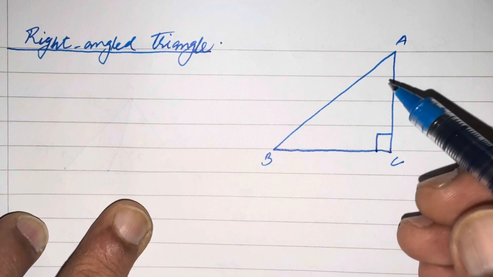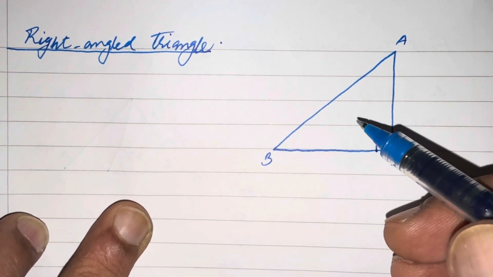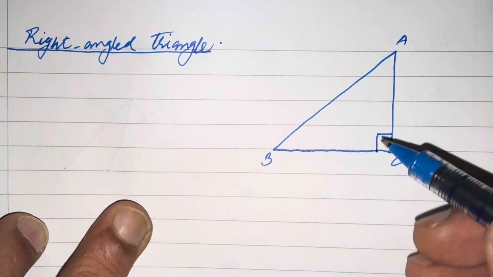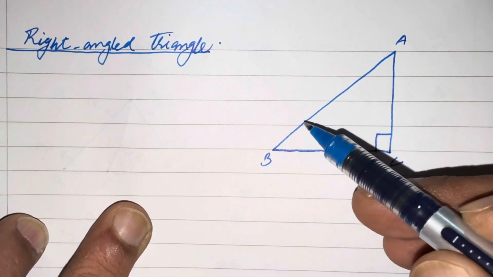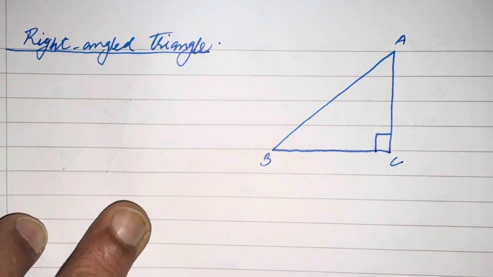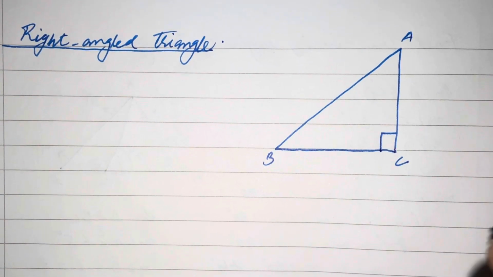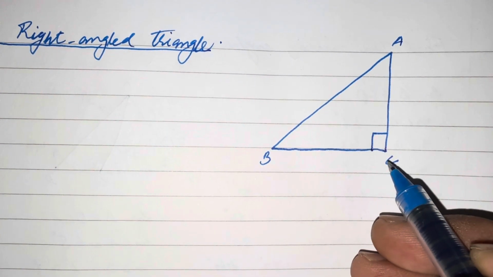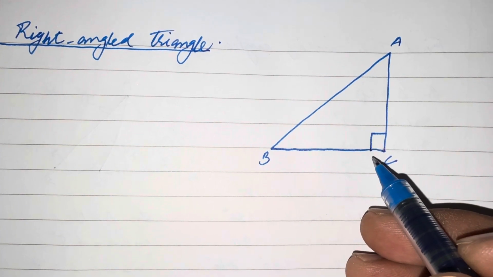In this triangle we are going to learn how to find the lengths of the sides. How can we find the lengths of the sides in this kind of triangle? By using a very special theorem called the Pythagoras theorem.